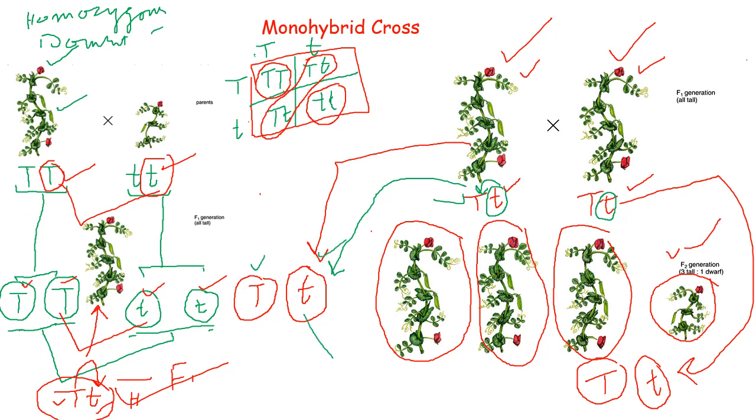Then the small t combined with another small t to produce this offspring, small t and small t. This is how the law of segregation works.